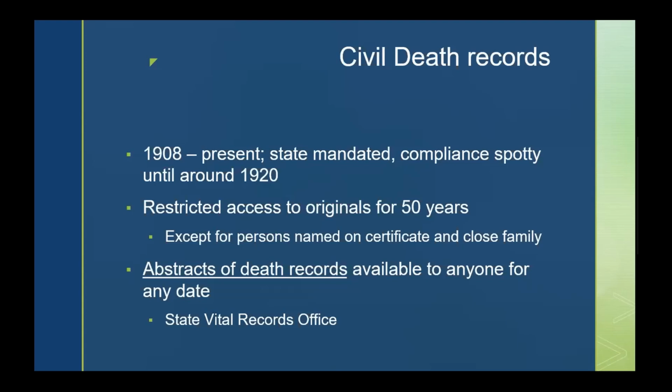Again, by Tennessee law, there is restricted access to the originals for 50 years in this case, unless it's someone who is named on the certificate and close family members. And you'd have to look up the rules to see who is a close family member. Now, you can get an abstract of the death record, and that might be enough for you. And those would be available from the State Vital Records Office for a small fee.